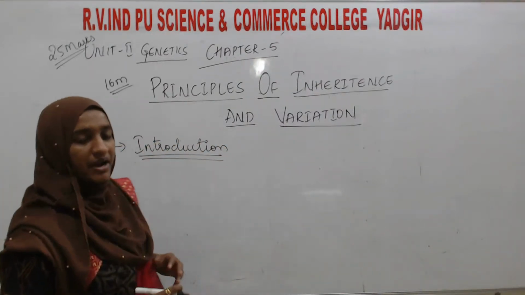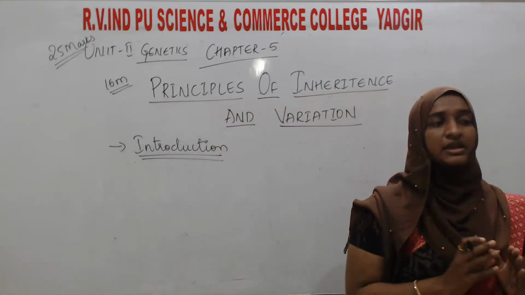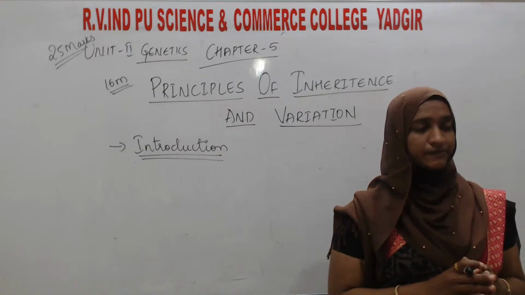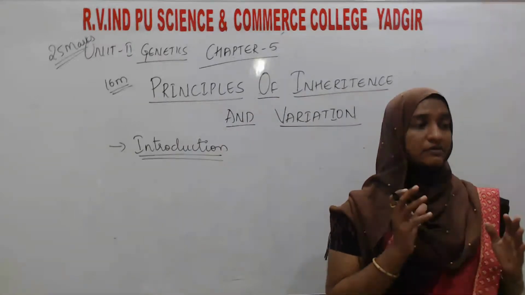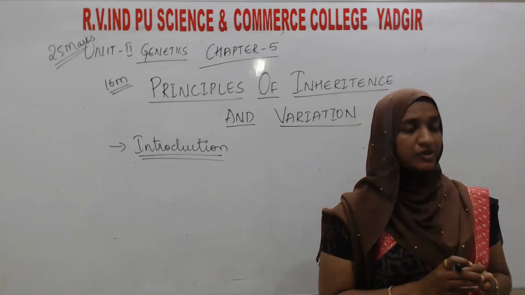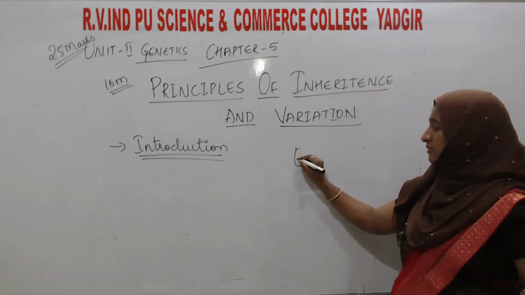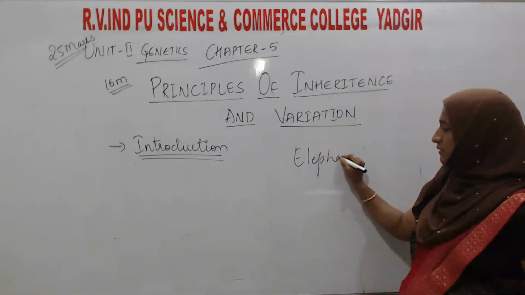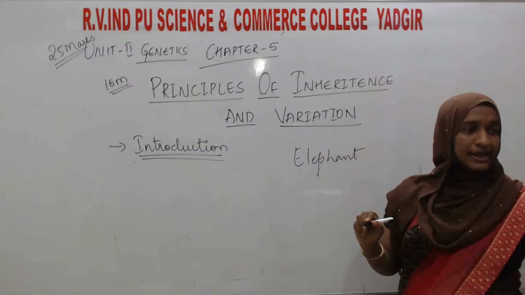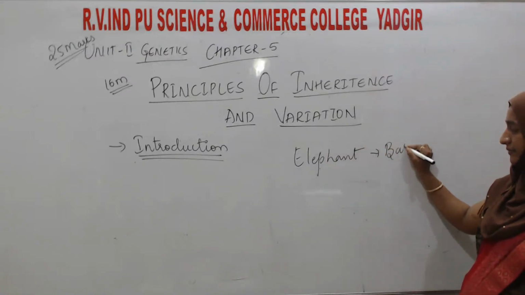Okay. In the introduction, you are living in an environment where you will see a variety of living organisms. For example, an elephant will give birth to a baby elephant.